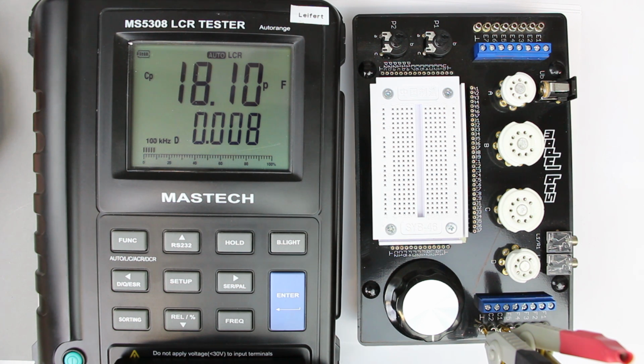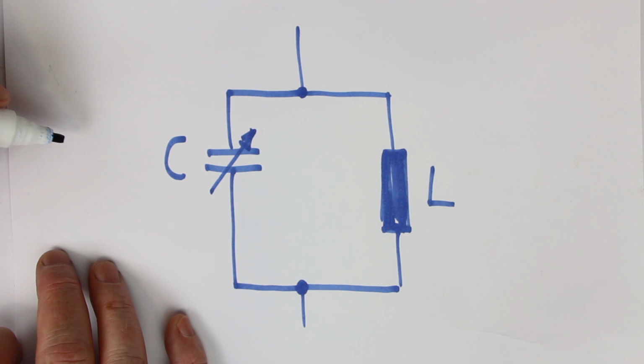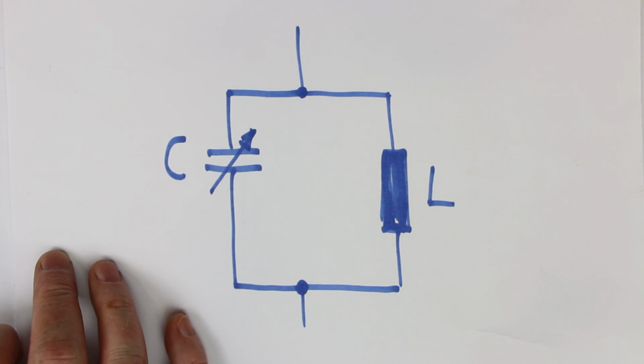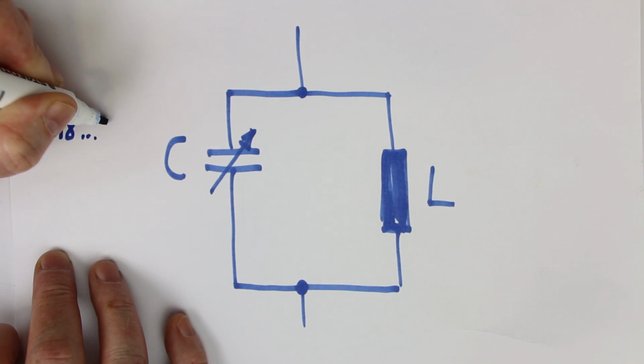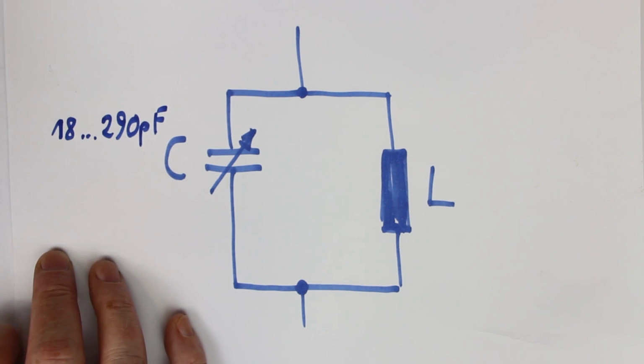Okay, so far for this first measurement, and now let's do some calculations. So let's note what we just found out about our typical AM variable capacitor. It went from 18 to 290 picofarad.